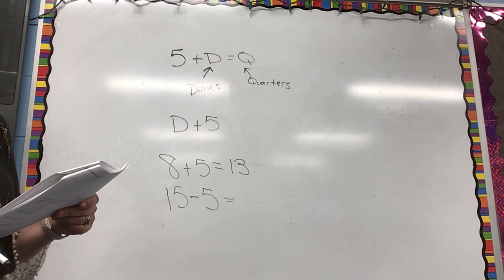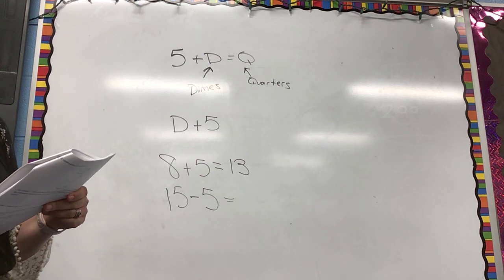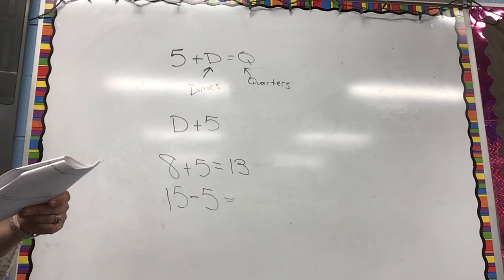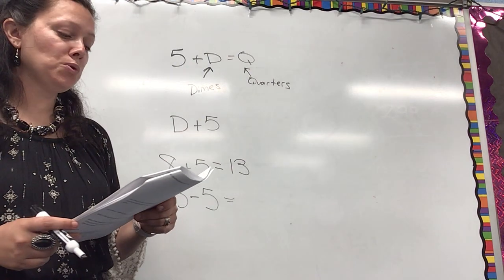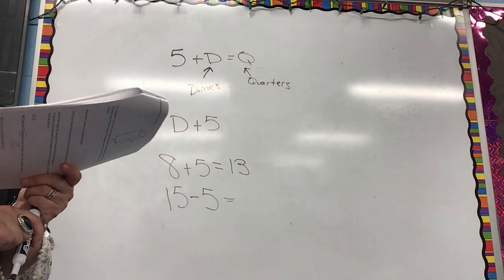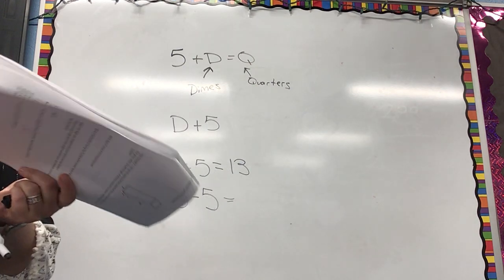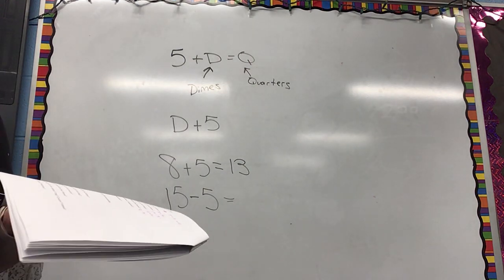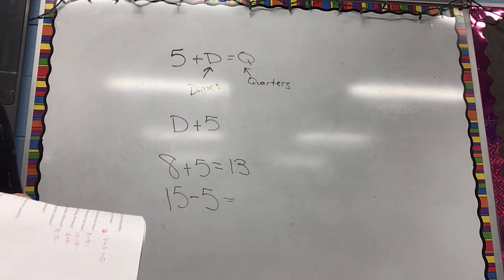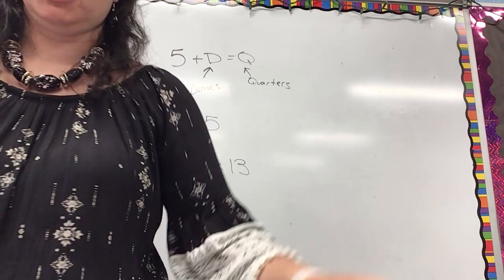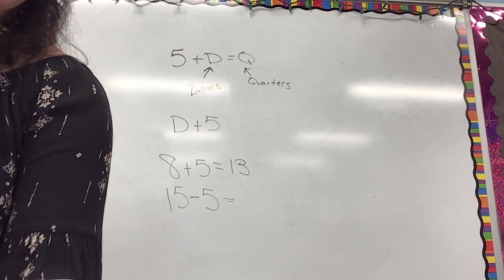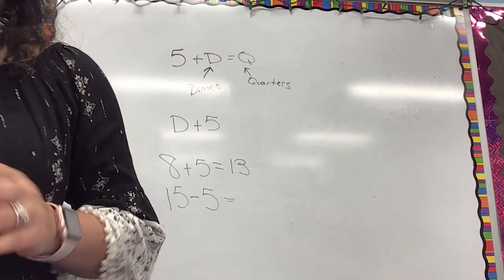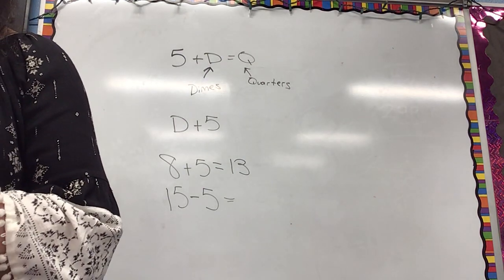What would I use there? Justice? D plus 5. Very good. She has Q quarters. How many dimes does she have? Justice? Q minus 5. However many quarters she has, she has 5 less dimes. Very good.